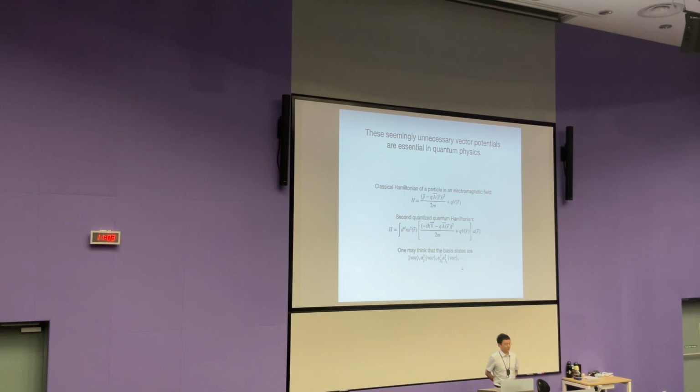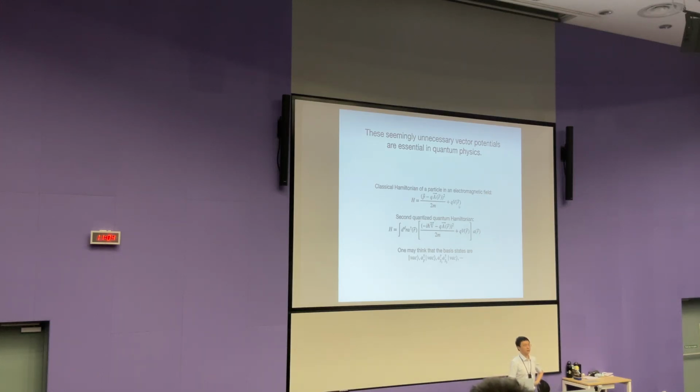Okay. Then it turns out those seemingly unnecessary vector potentials, which have some redundancy, are actually essential in quantum physics. Because in quantum physics, so far, we always use Hamiltonians, and also, although we don't talk about it, we can also use Lagrangians to describe the system. We don't just use forces to describe the system, right?